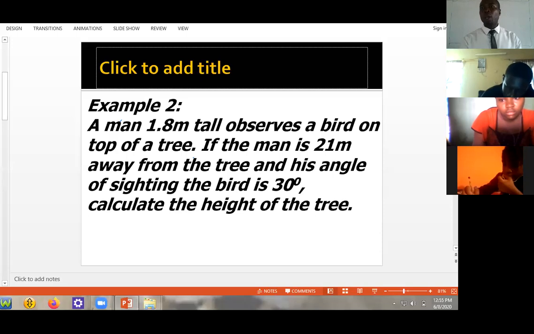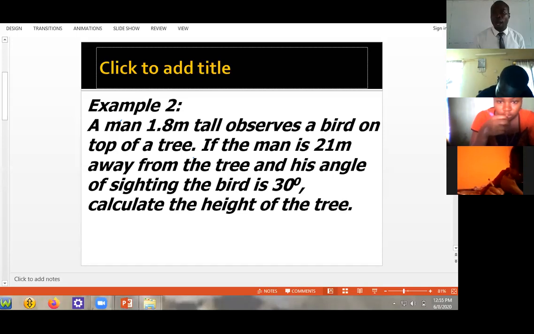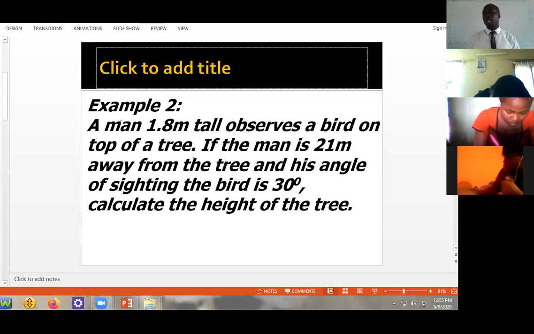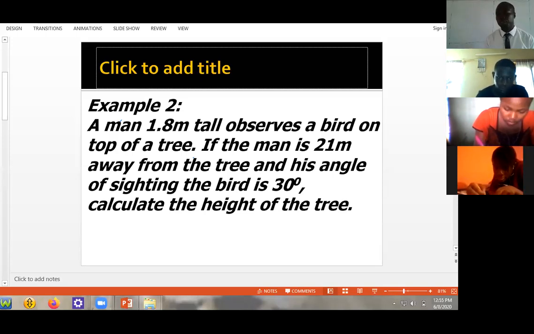It's elevation because the man is looking above his height. When you are looking above your height, it is angle of elevation. When you are looking beneath your height, it is angle of depression. But it's not mentioned here. This is a tricky question. They did not tell you angle of elevation or angle of depression, so you must use your number 6 to decode the question.